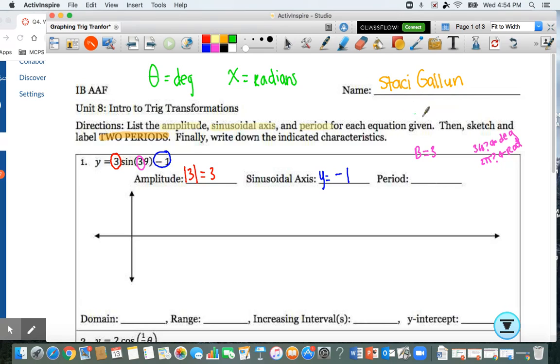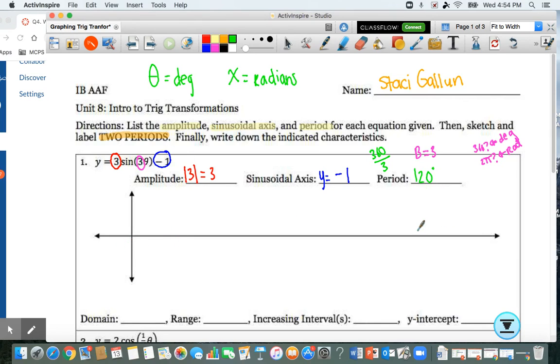Okay. So that means this is theta, so I must be working in degrees. So that means I've got to use that 360. So to get the period, I'm going to do 360 divided by 3, right? And that gives me 1 period is 120 degrees, right? So it's telling me to graph 2 periods.